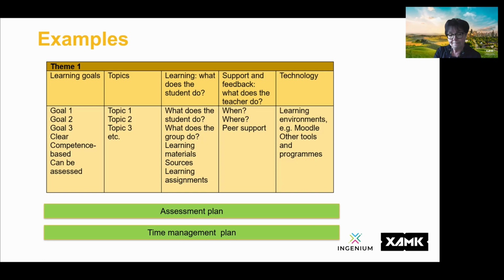And therefore, on the next pages, I will give you quick examples of different kinds of manuscripts with the message that the most important is that it's clear to yourself and clear to your students. So the first one is just a simple form, including the goals, the topics, what the student does, what the teacher does, and then also the technology, assessment, and time management.